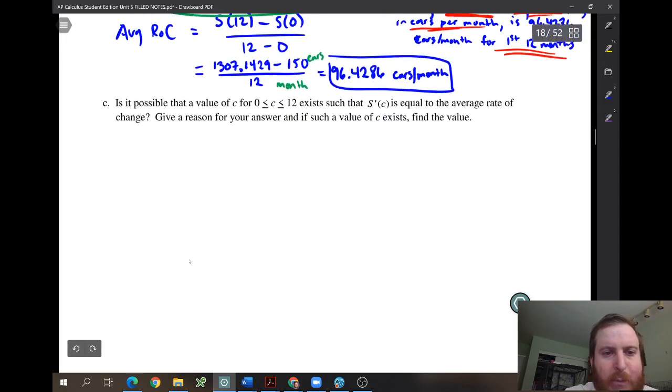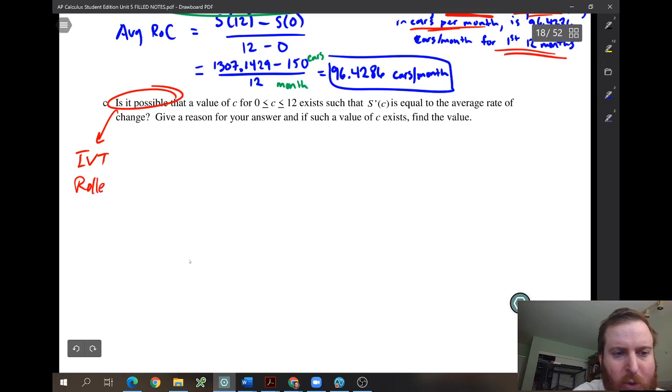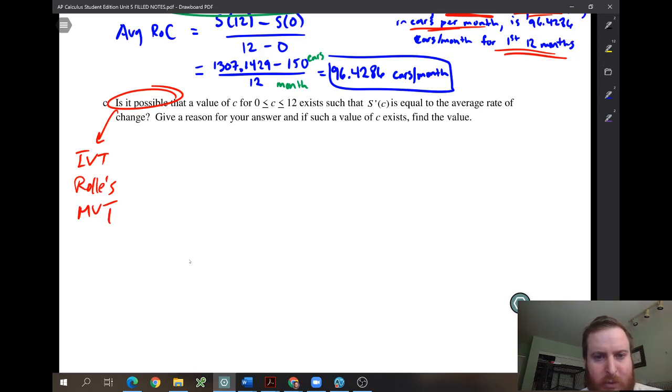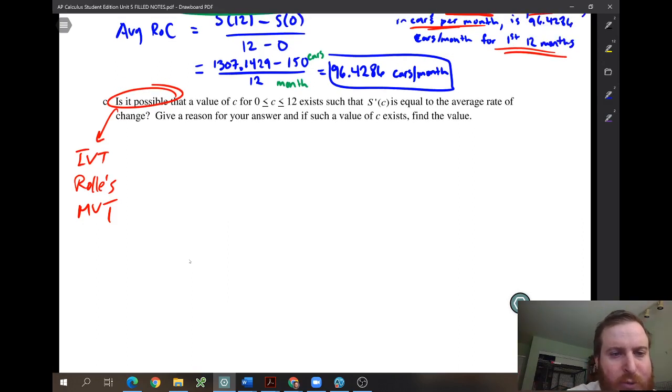Okay, next one. Is it possible for the value of C? So as soon as I see that word, is it possible, I'm thinking IVT, I'm thinking Rolle's, or I'm thinking MVT. So is it possible that a value of C, 0 less than or equal to C less than or equal to 12, exists such that S prime of C, as soon as I see S prime, I can kind of get rid of IVT, is equal to the average rate of change.